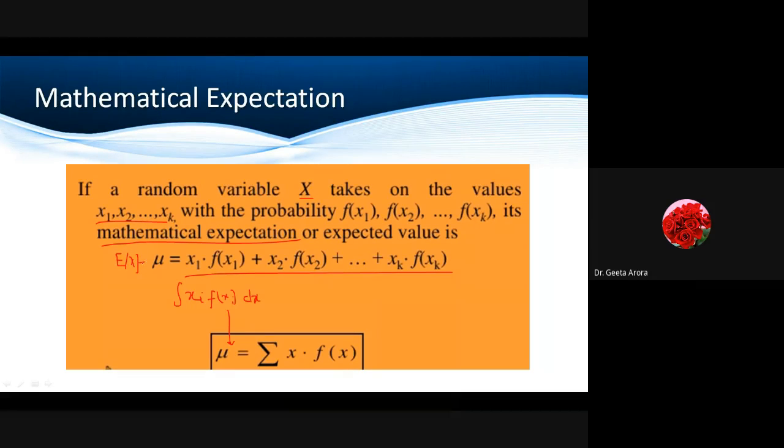Here I have written the definition with the symbol for mean, so it will be clear to you whether we are talking about the mean or the expected value. It is actually the same thing, and the formula is the same. Mu is given by x1 fx1 plus x2 fx2 and so on, their sum. Correct? So this is what we mean by the expectation.